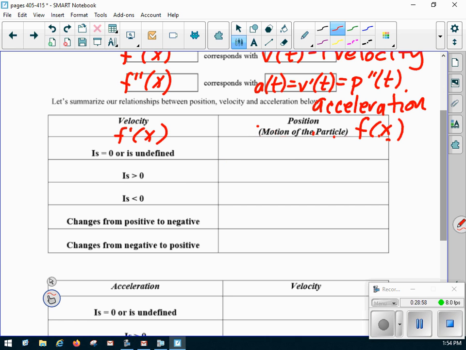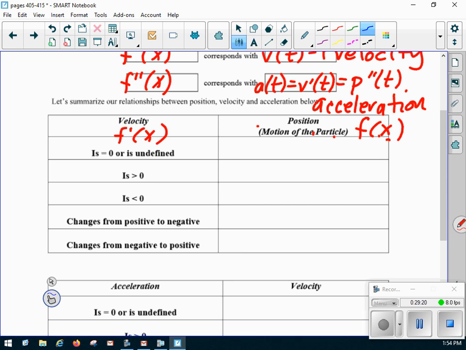Now, we knew if the derivative was 0, what did that tell us about the function itself? If the derivative is positive, we knew increasing, right? So, watch this, because I think this is going to start answering your questions.